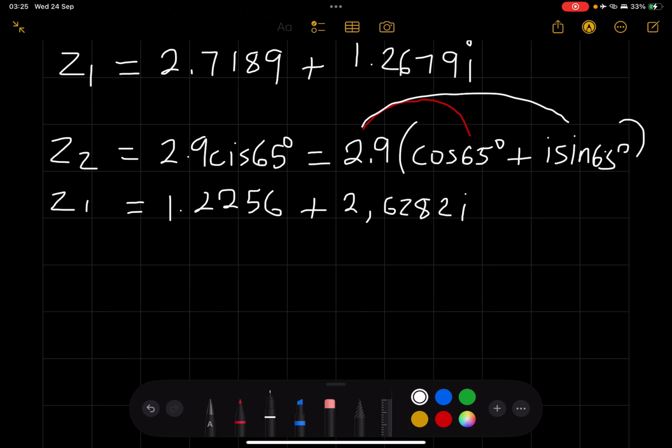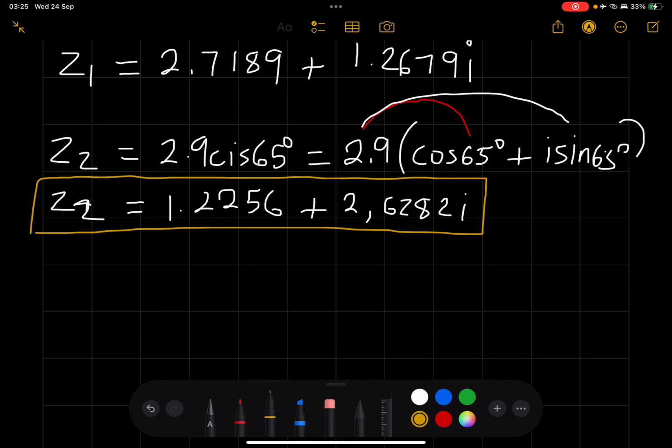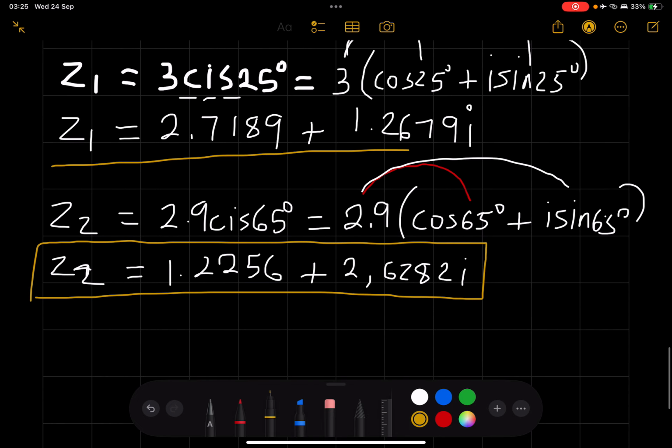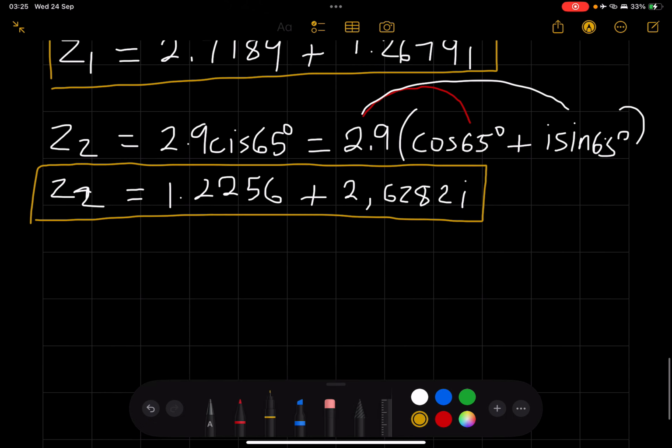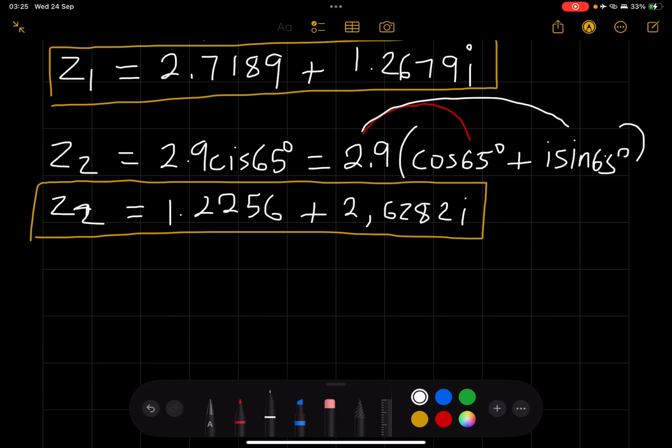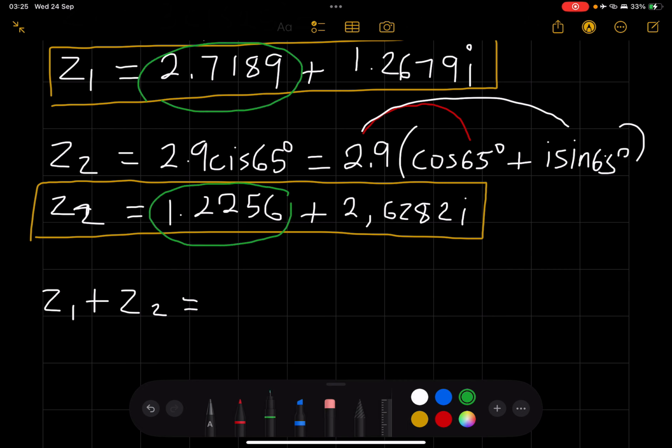Now remember, this is z2, no? So z2 is this one, and then z1 is that one in rectangular form. Now we can add them, no? So to add them, it's easy. You just add real parts together. So this plus that. Does it make sense?